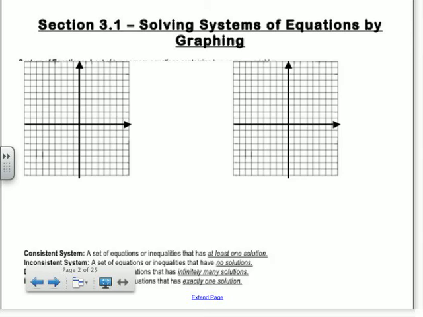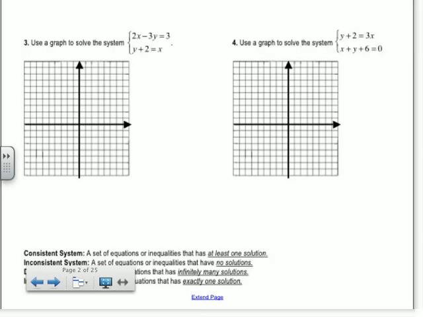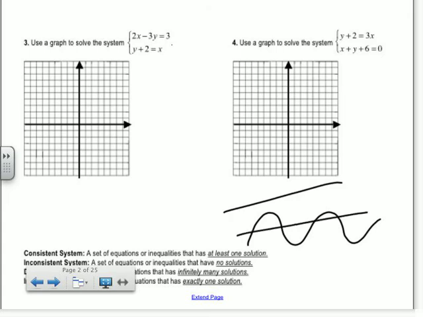But that wouldn't be the case if they weren't linear. If they were polynomial functions, you could have no solution, or more than one solution.